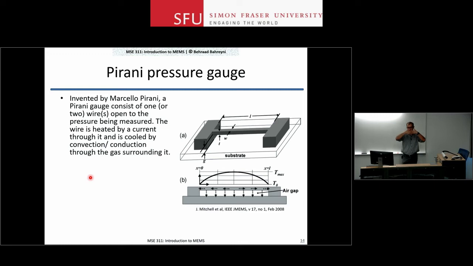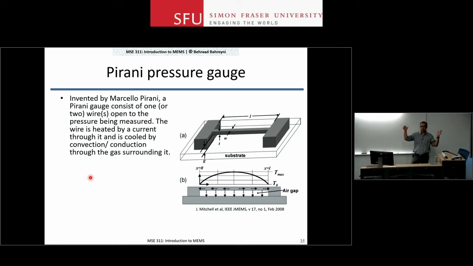So conduction through the gas or convection by the gas, right? You lose some of the heat through the anchors, the substrate and all that, but we ignore that part. We lose some of the heat to the ambient gas through conduction or convection as well.